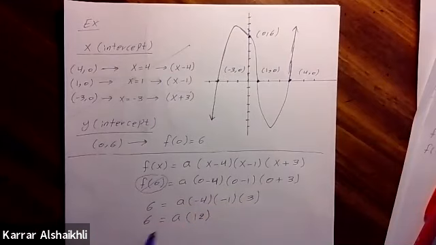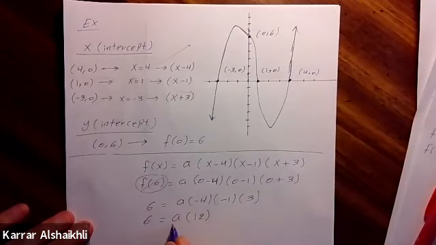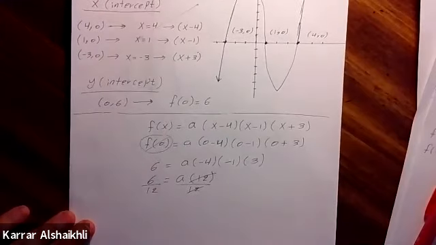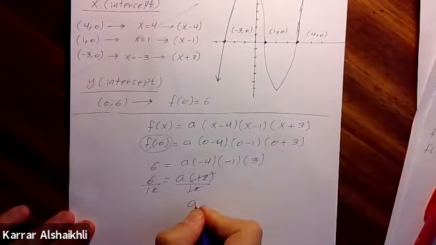Now I need to find the a, because this is the polynomial function. The only variable here is the a. So I'm going to divide. Be careful on these steps, this one especially. You're going to divide both sides by the number beside the variable, which is the 12. You're not going to divide by 6. So when I divide by 12, this cancels with this one. The leftover on this side is a.